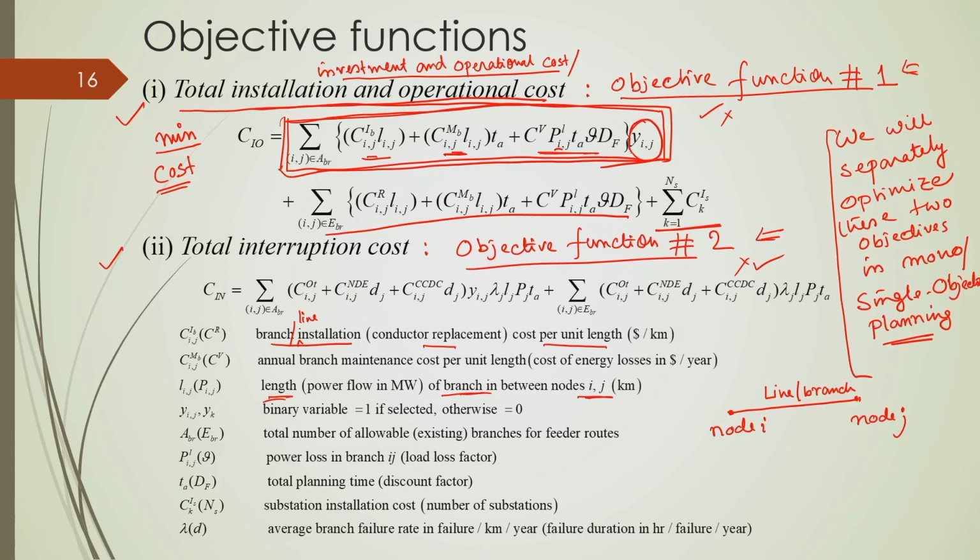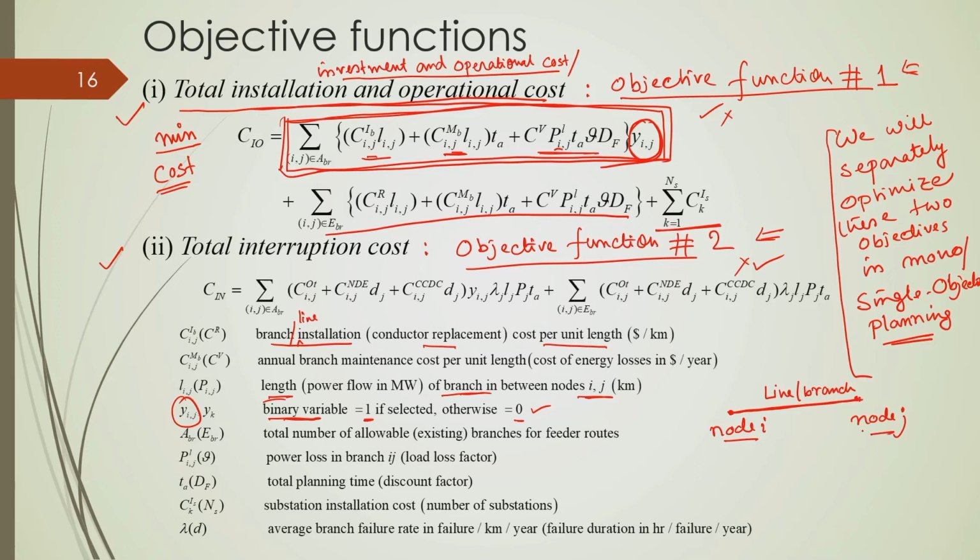This is multiplied by the variable y_ij, a binary variable that can be 1 if you decide to construct a line, and 0 if we do not construct a line at all between node i and node j.